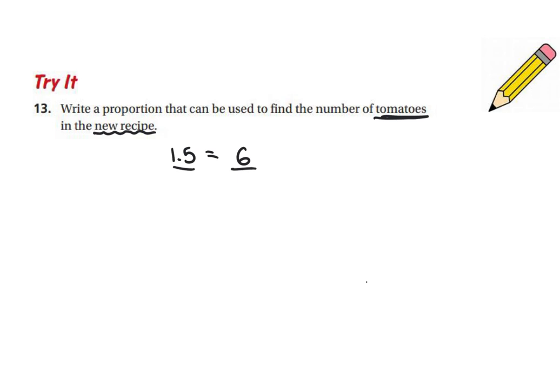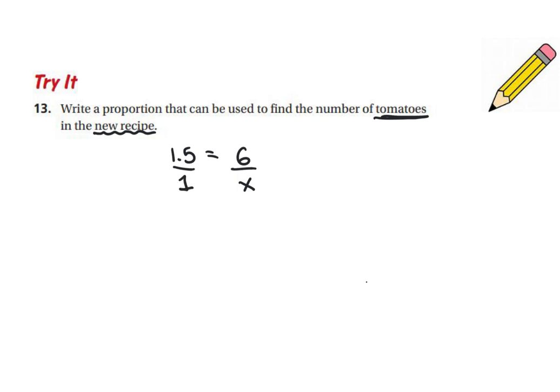Okay, so I got you started here. What we don't know is how many tomatoes will be in the new recipe. The new bigger recipe was going to be the one calling for the 6 cups of black beans. The 1.5 cups of black beans, that was the original. So you'll look at that original bean soup recipe and you'll see that there was 1 tomato used.